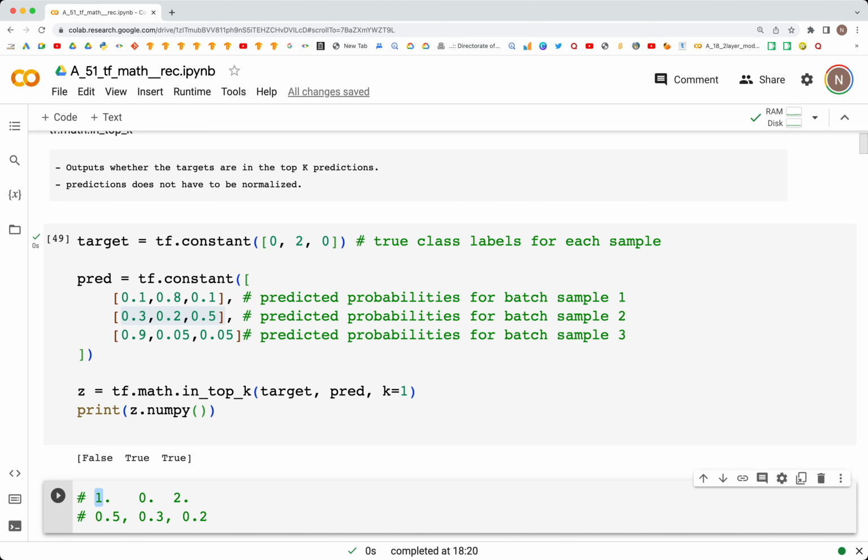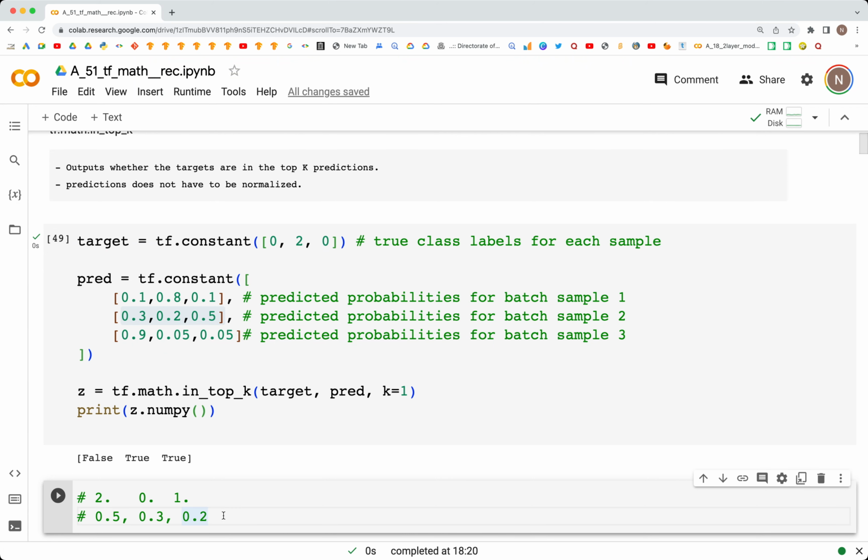The first column is class 0, the second column is class 1, the third column is class 2. Next, 0.3 belongs to class 0, and this 0.2 is in the middle column, so that belongs to class 1.